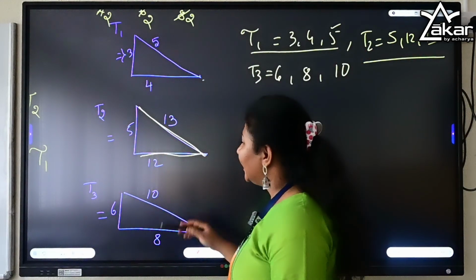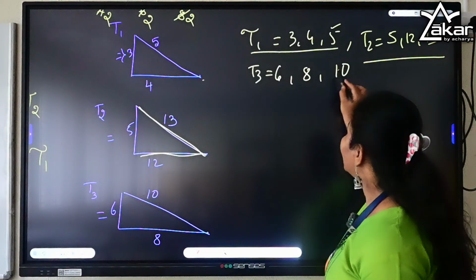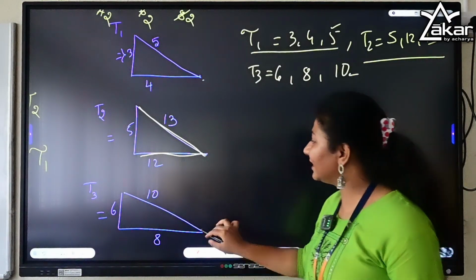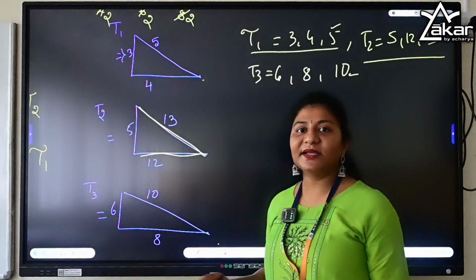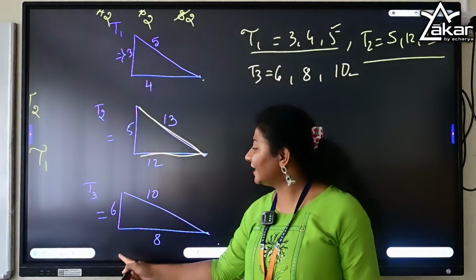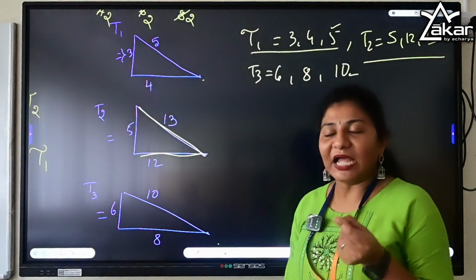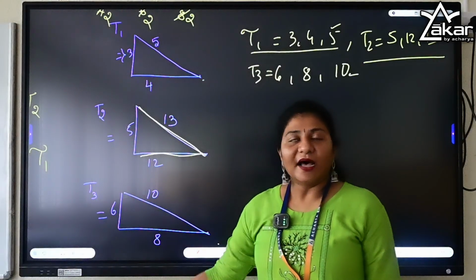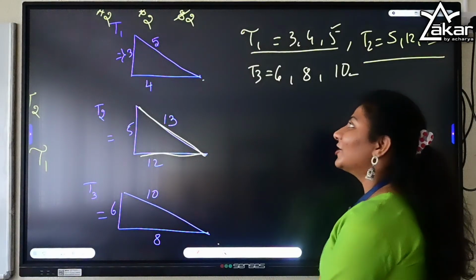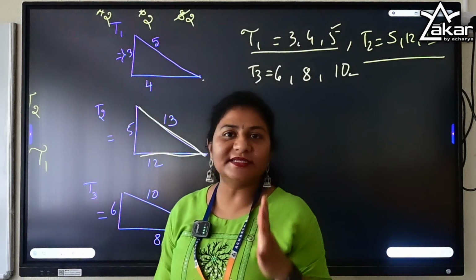In the same way, T3 is defined here: 10 is the hypotenuse, 8 is the base, and 6 is the opposite side.